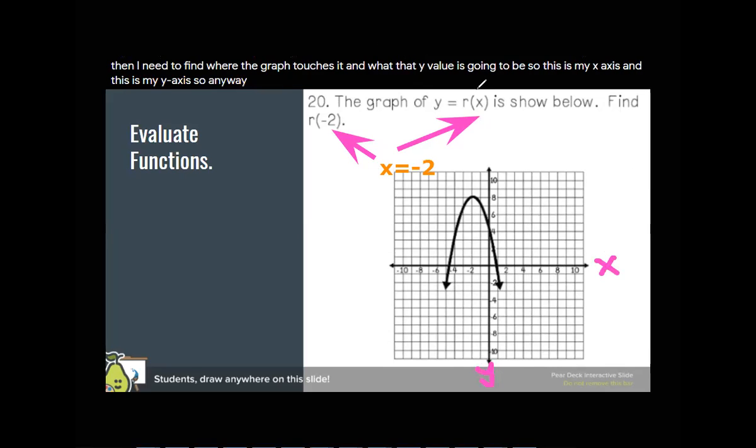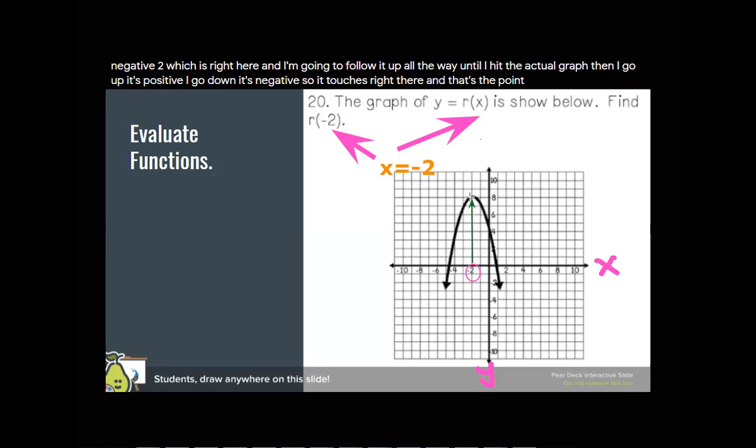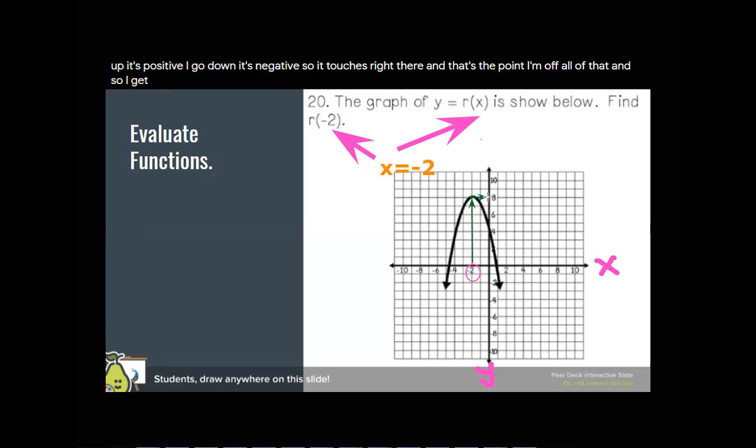Okay, so I'm looking for when x is negative 2, which is right here. And I'm going to follow it up all the way until I hit the actual graph. If I go up, it's positive. If I go down, it's negative. So it touches right there. And that's the point. I'm going to follow that until I get to my y-axis, which is 8. So my answer would be 8.